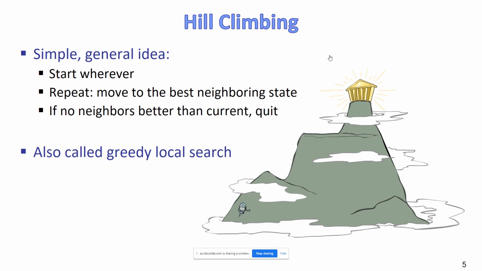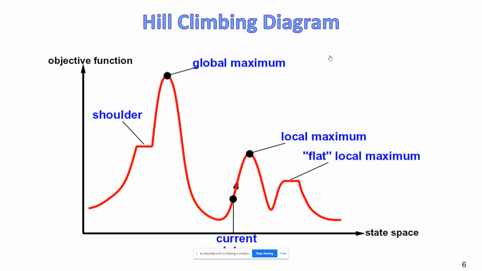Okay. So this is again called greedy local search, and we can now see hill climbing as a diagram. On the x-axis we have the states, the different states we can go over, and on the y-axis we have the objective function.